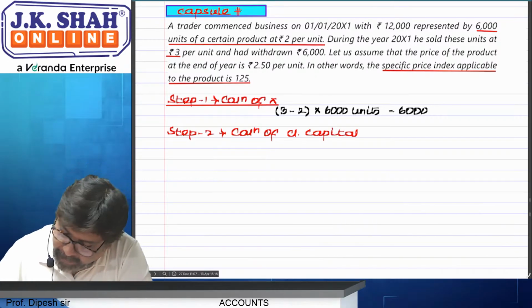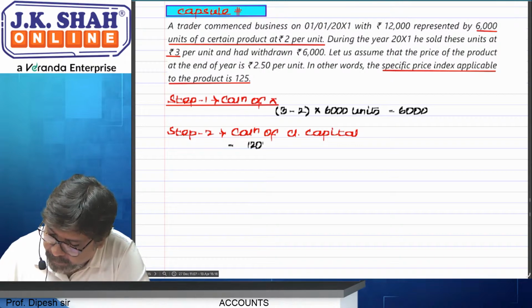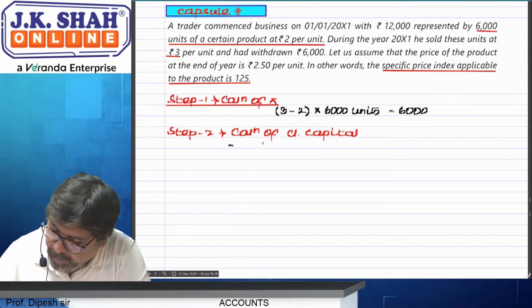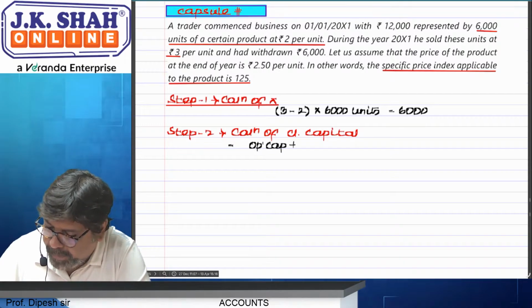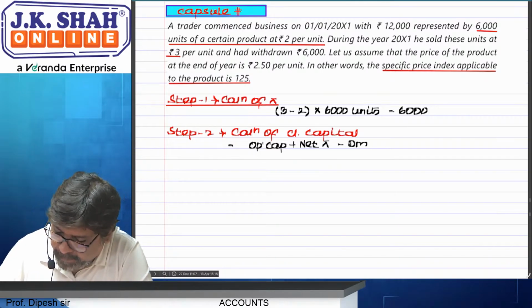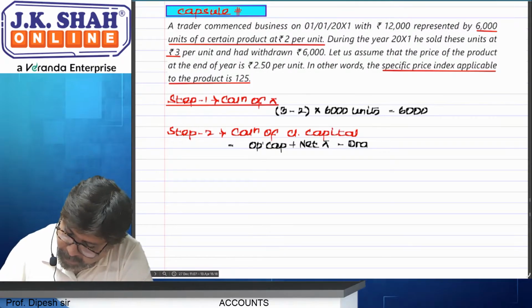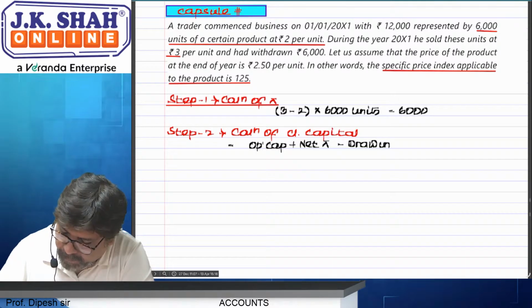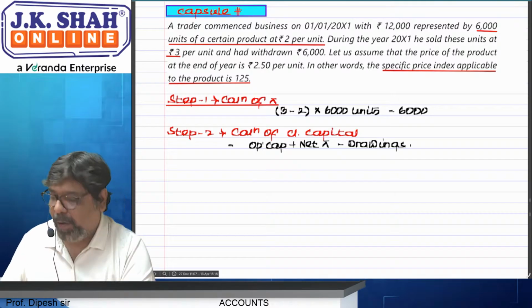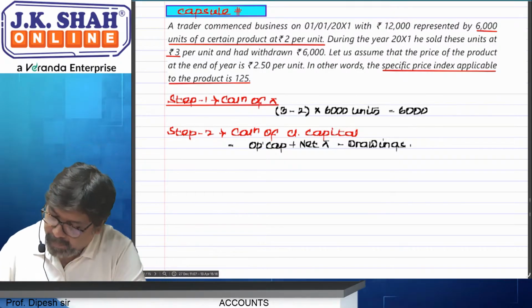Closing capital is equal to opening capital plus net profit minus drawings.